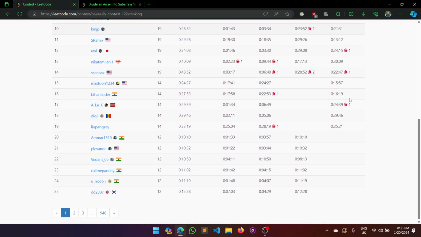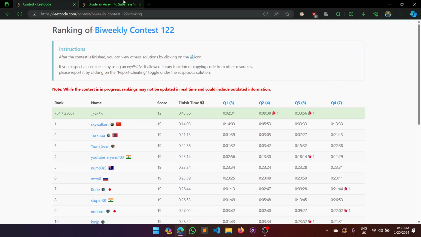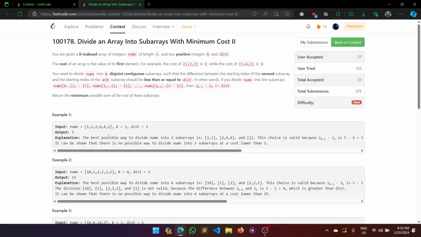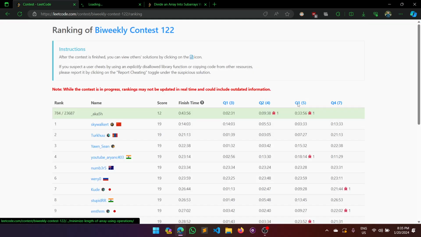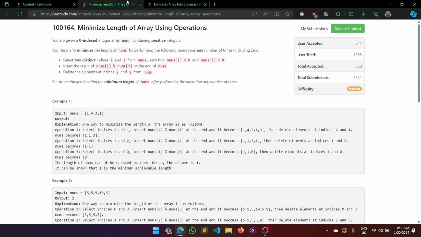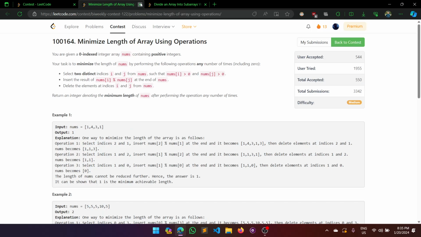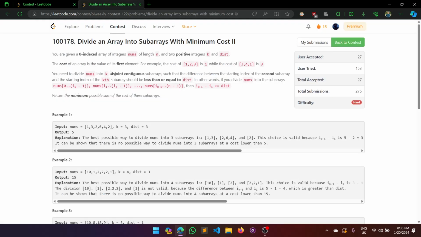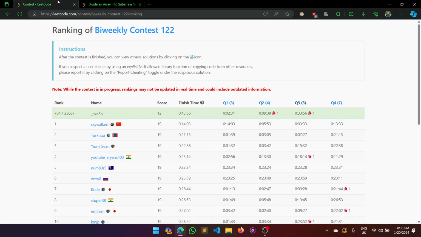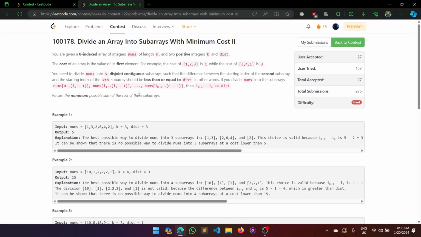Hmm. What a noob. I'm very slow today. There's a difference of like 2 points. My guess is it's going to be harder. Divide an array into subarrays with minimum cost 2.